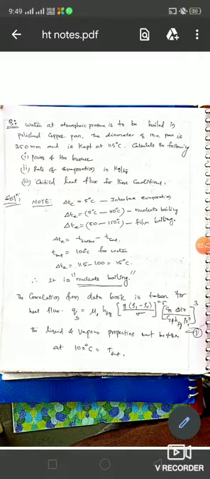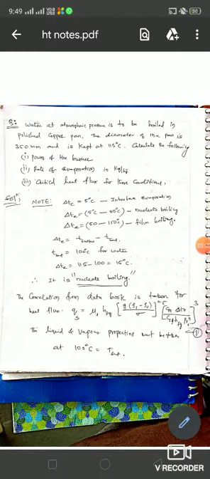Calculate the following. First one, power of the burner, rate of evaporation in kgs per hour, and critical heat flux for the given conditions.